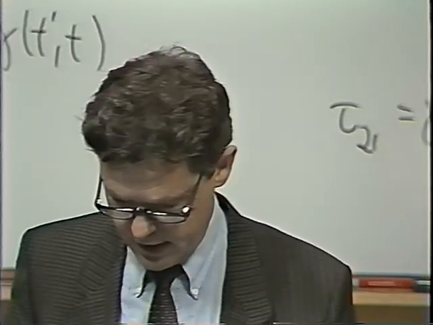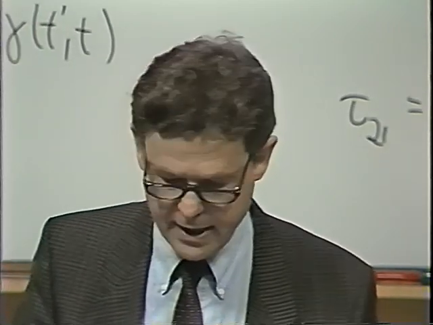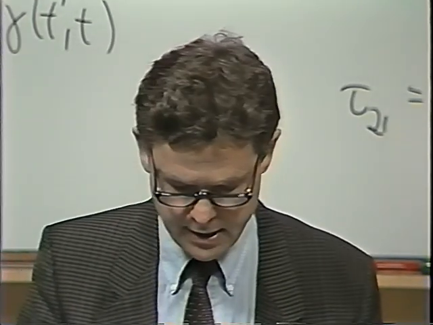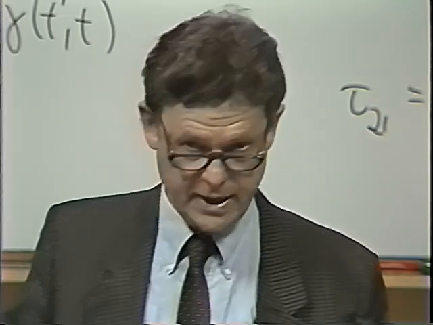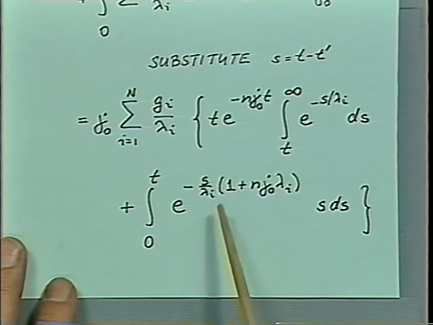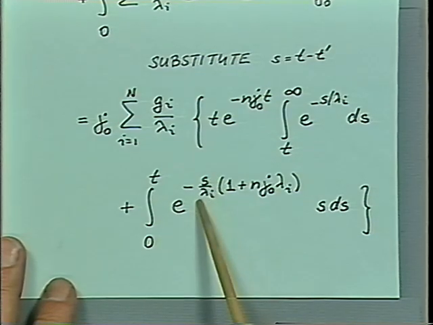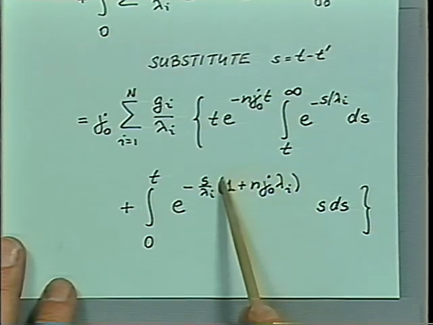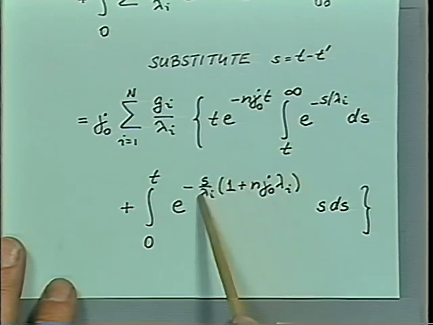So let me see where we are. Yeah, in this derivation here, I don't want to write everything on the blackboard. You can see that s can be put outside here, and it's just multiplied with a constant.